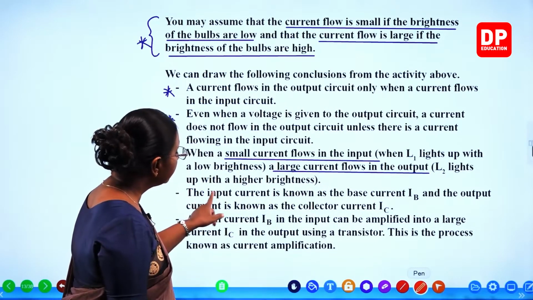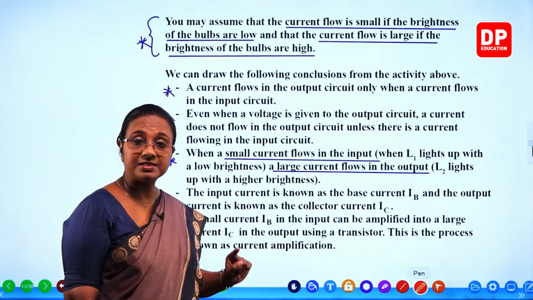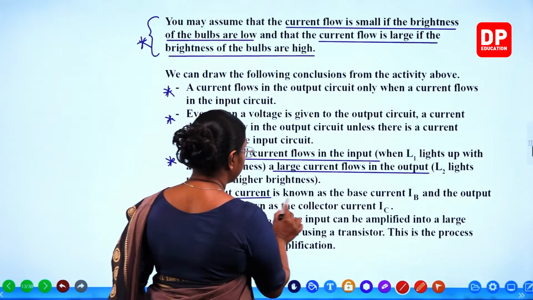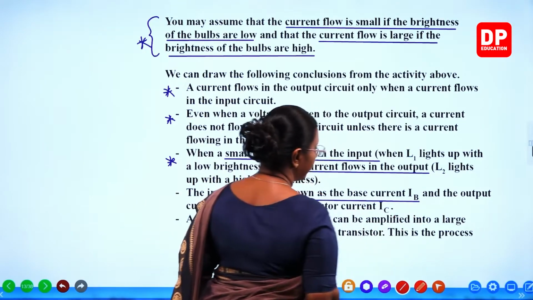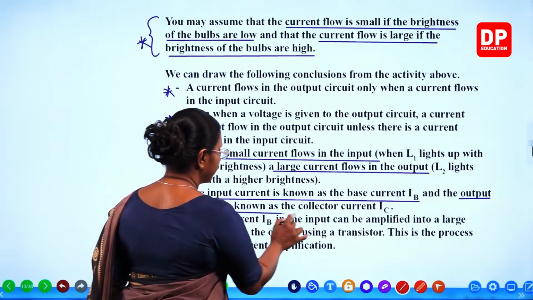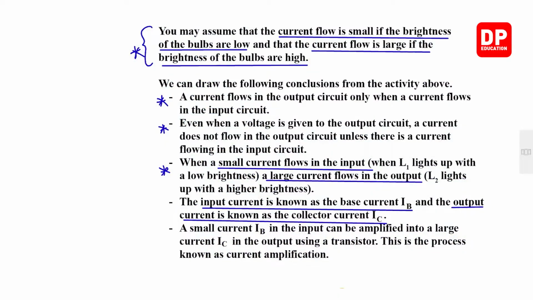Then the input current is known as the base current. Why? We have the base emitter circuit as the input circuit. So the input current is known as the base current IB and the output current is known as the collector current IC, because current flows from collector to emitter.